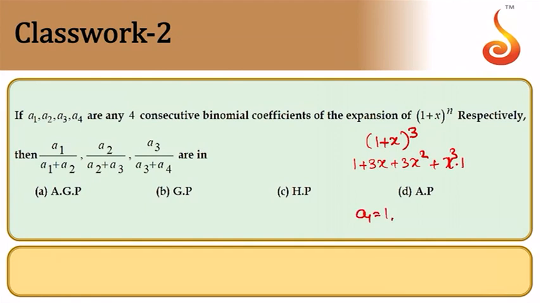So what happens here? 1 plus 3x plus 3x square plus x cube into 1. So A1 equal to 1, A2 equal to 3, A3 equal to 3 and A4 equal to 1.